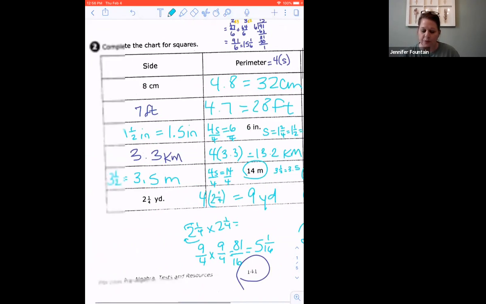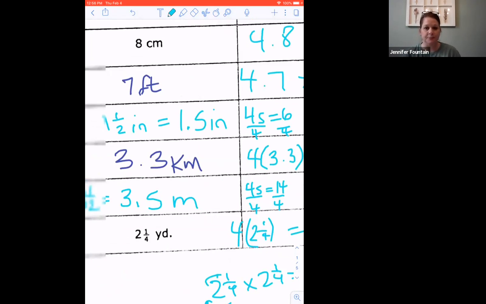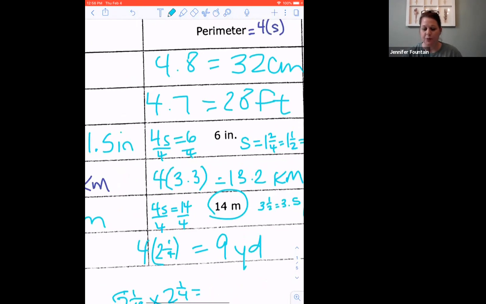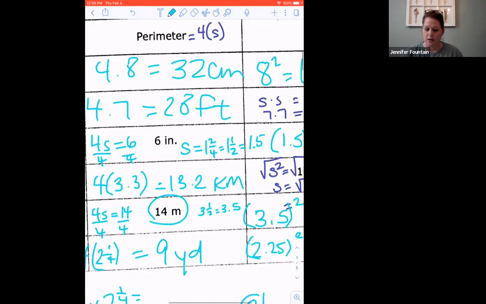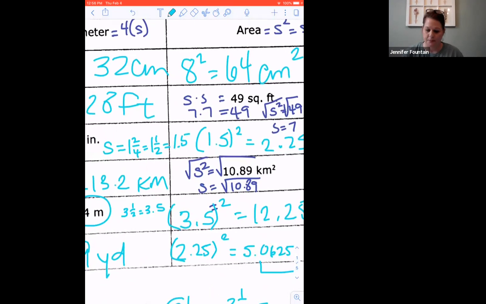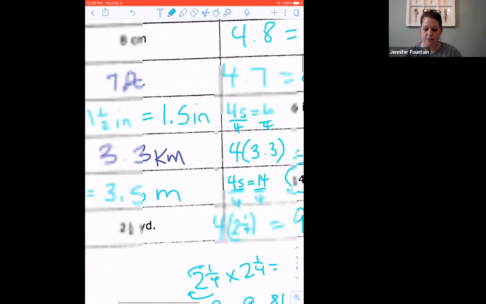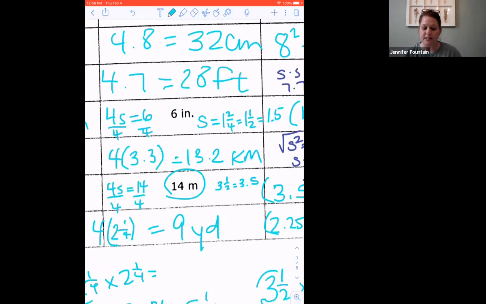Okay, and then the next one, we had already figured out that it was 7 feet. So when I multiply 7 times 4, that's 28 feet. And we already had the area. The next one, they gave us 6 inches. So if I know that each side is an equivalent amount and they add together to make 6, 6 divided by 4 is going to give me 1.5.